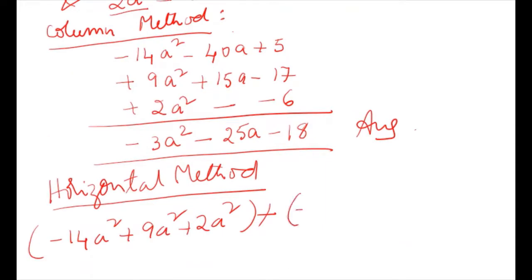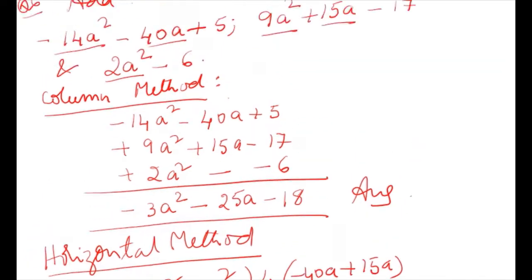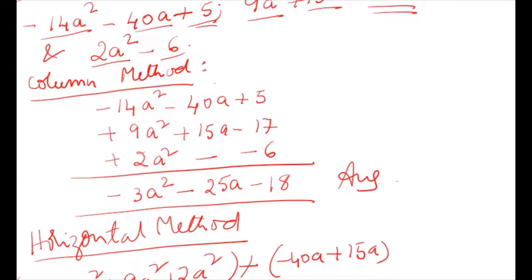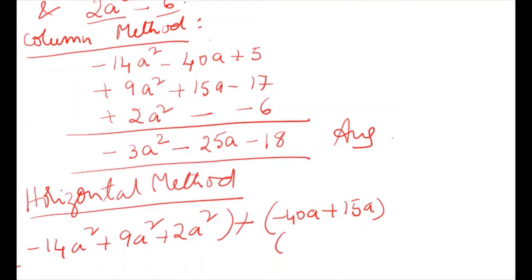So we write minus 40a plus 15a. Then we write the constants, that is plus 5, minus 17 and minus 6.